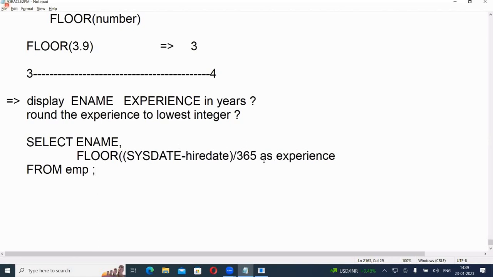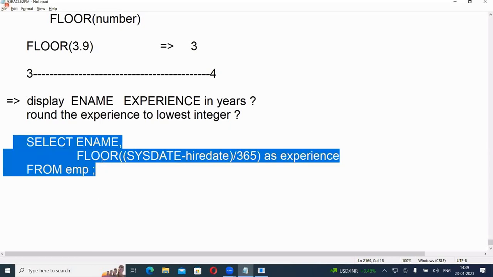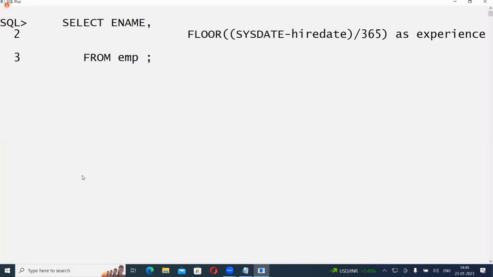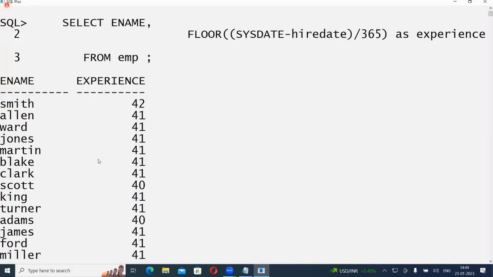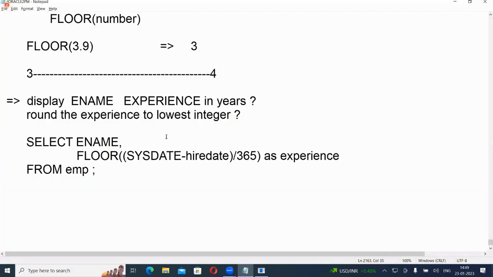Floor bracket starts here, close it here. So 42 point something is rounded to 42, 41.9 is rounded to 41, 41.8 is rounded to 41. So it is showing each and every employee's experience, but the experience is rounded to the lowest integer.